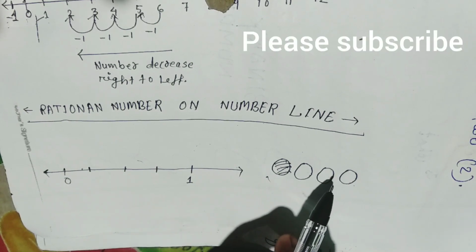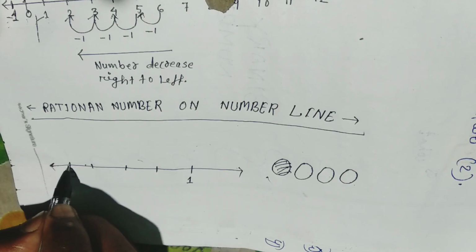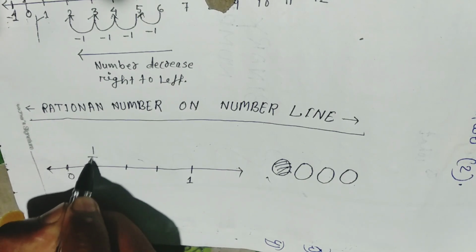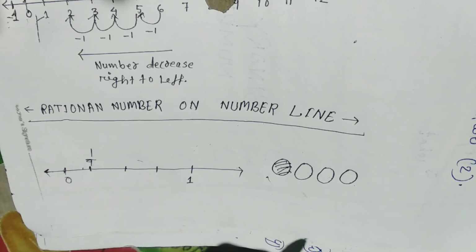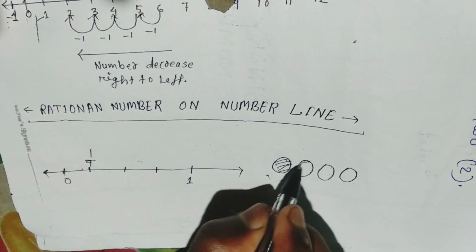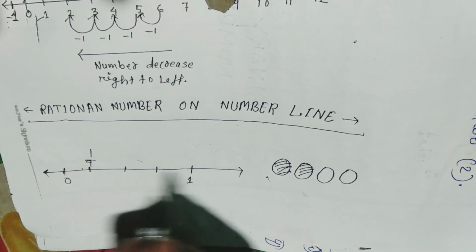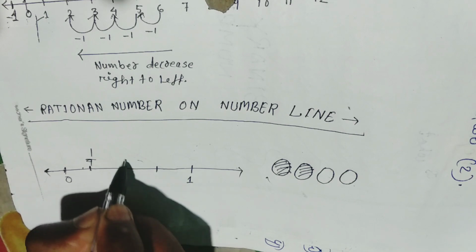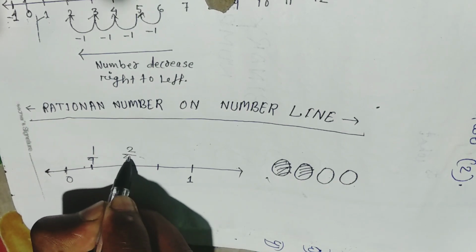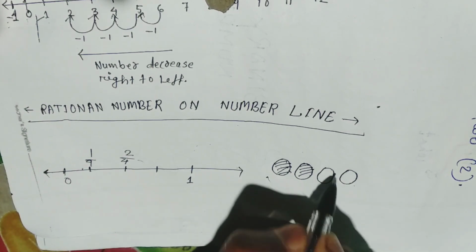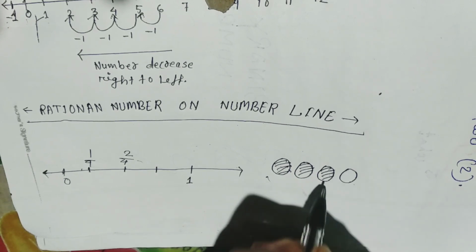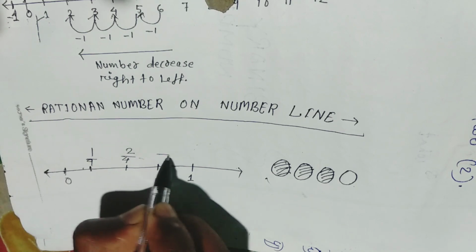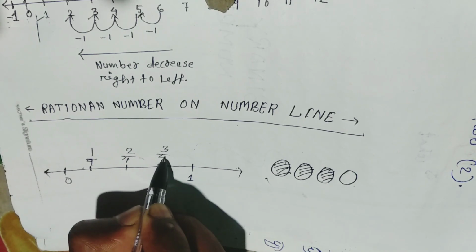Ram has taken 1 part from 4 parts, that means from 0 to this point, means 1 upon 4. If Ram has taken 2 marbles, then 2 upon 4. If Ram has taken 3 marbles, this is 3 upon 4.